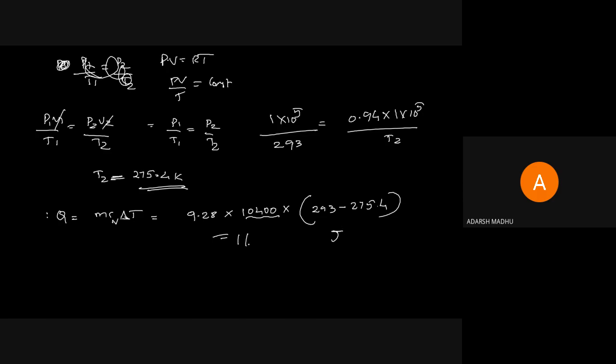The value is 1698661.2, this much joule. So we can write, moving the point six places, 1.698 mega joule. Amount of heat, or simply in joule, the answer is correct.